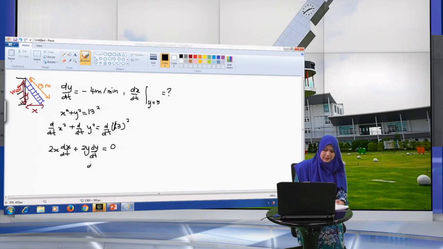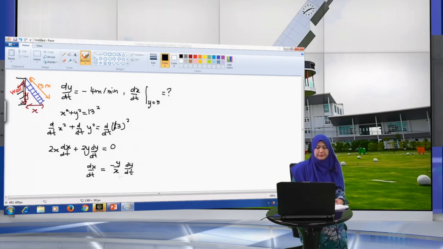We solve this algebraically and you get dx/dt equal to minus y over x times dy/dt. Now we need to find x. How to find x?